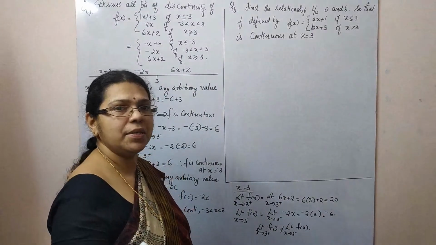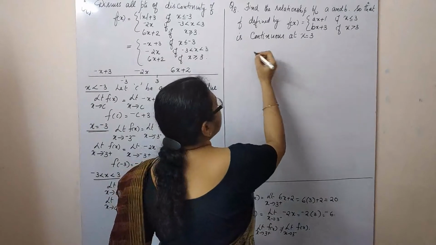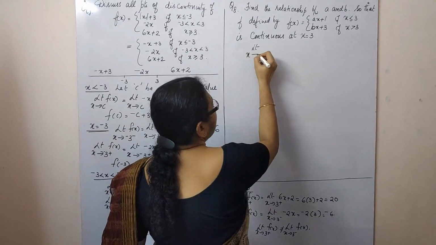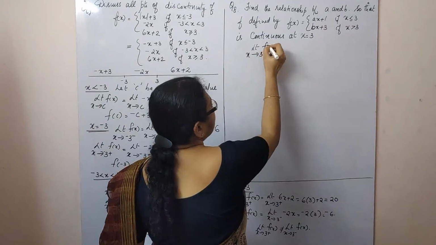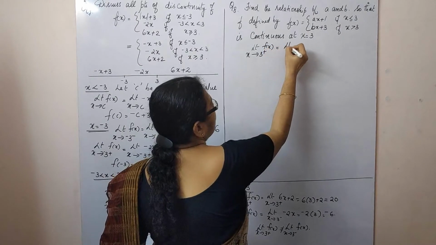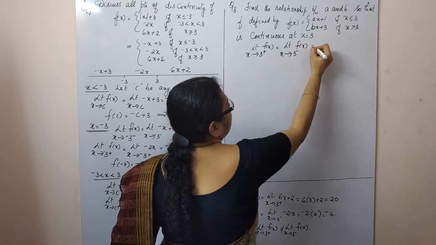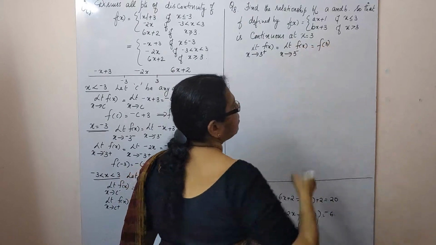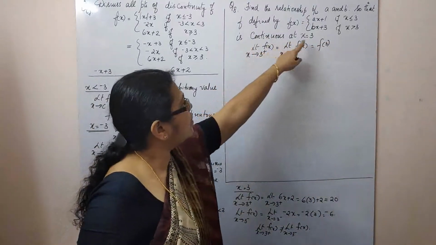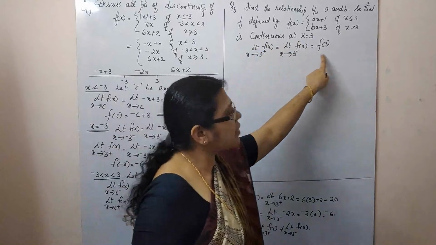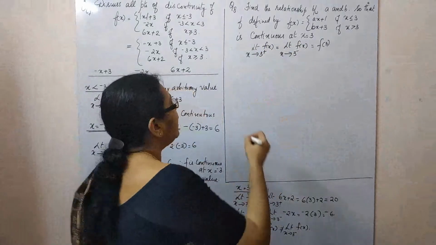This is continuous at x is equal to 3. If it is continuous at x is equal to 3, then limit x tends to 3 plus f of x will be equal to limit x tends to 3 minus f of x, which will be equal to f of 3. Isn't it? If it is continuous at x is equal to 3, then this statement is true.